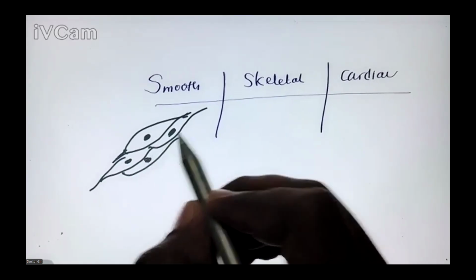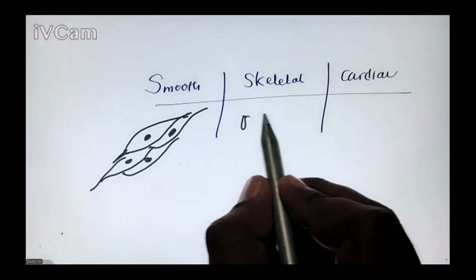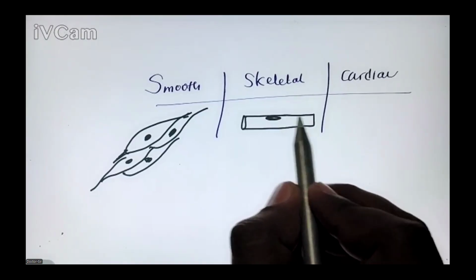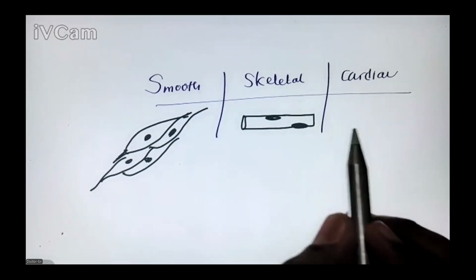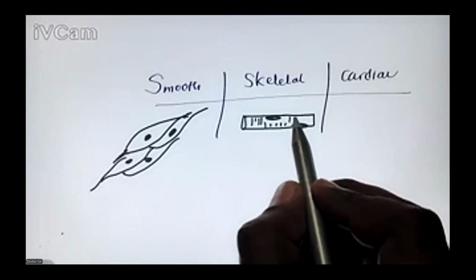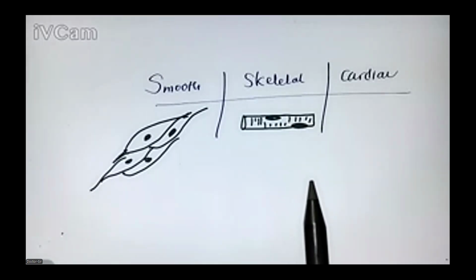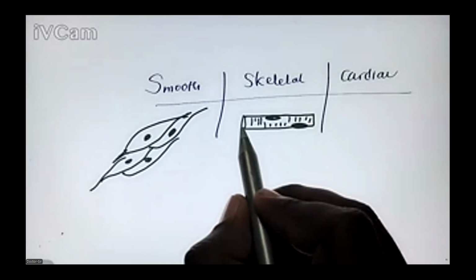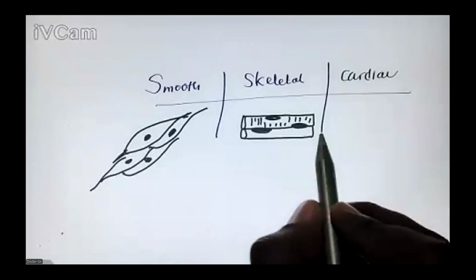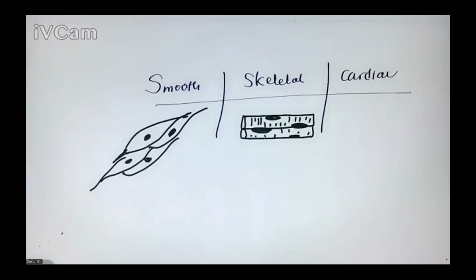Then skeletal muscle tissue has cylindrical shaped cells, and it is multinucleated. Striations are also present here. These are multinucleate, striations are present. Cylindrical shaped cells.